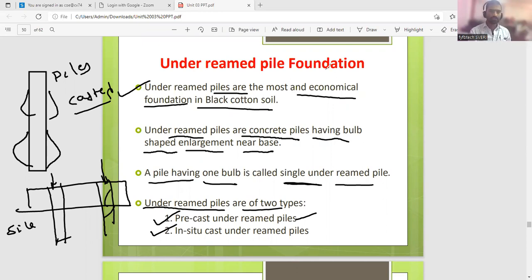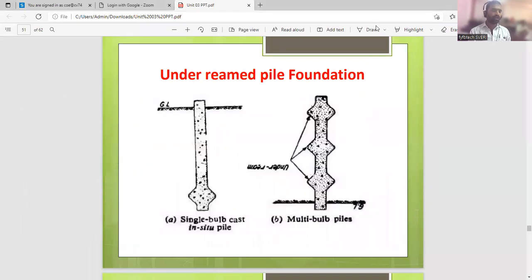Okay, see the diagrams and you will come to know. Under-reamed pile foundation. Okay, so what is this one? This is the ground level. This is the depth of the pile. This has only one bulb, correct? So this is called single bulb cast in situ. It means it is cast at the site.